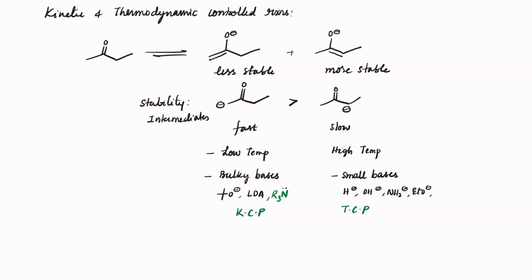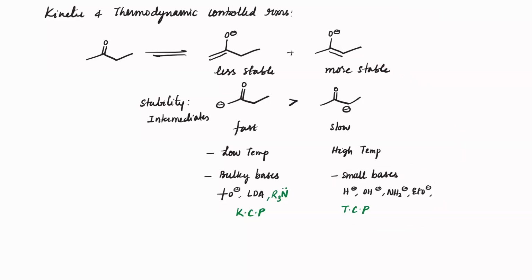So you will get a KCP based product. While if you have smaller bases, strong but smaller, then they will easily extract the proton from here. Why would they prefer here? They are not looking in terms of which hydrogen to pick. These bases are strong enough to pick both of them. They can easily extract both of them. So if the competition is not about picking hydrogens, it is about who can make the more stable double bond. So these small bases will always be excited to get a more stable double bond form.